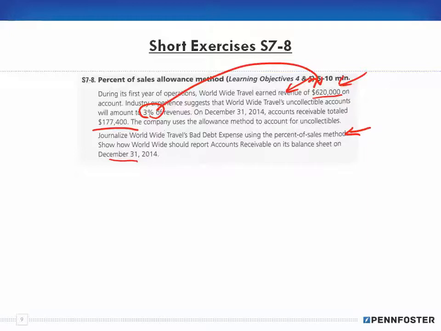All right, so we have to do the calculation first for a percentage of sales method. If I have 620,000 and I take 3% of it, that means I'm going to have 18,600 as my estimate.